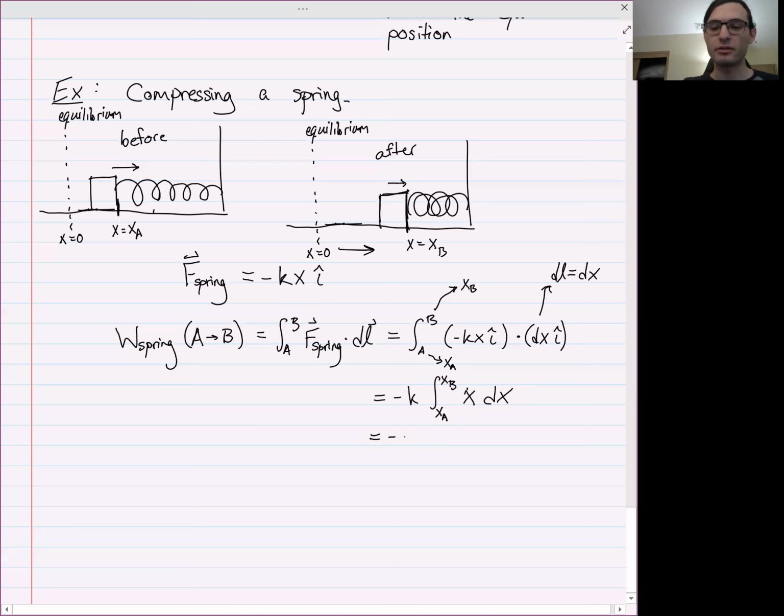This is minus, and I'm going to do some fancy factorization here, nothing super fancy, 1/2 k xb squared minus 1/2 k xa squared. And so you could write this as minus 1/2 k times the delta of x squared.